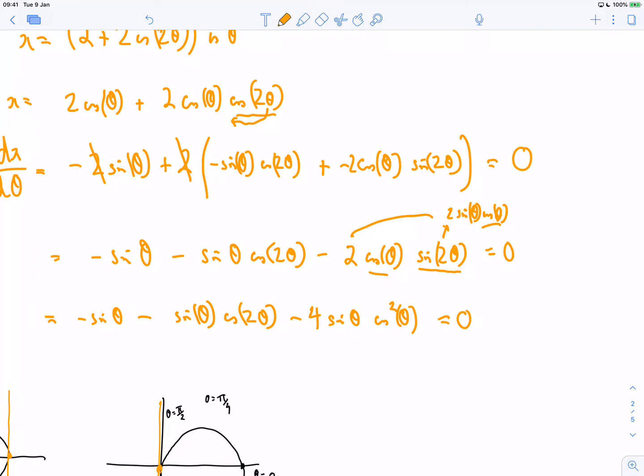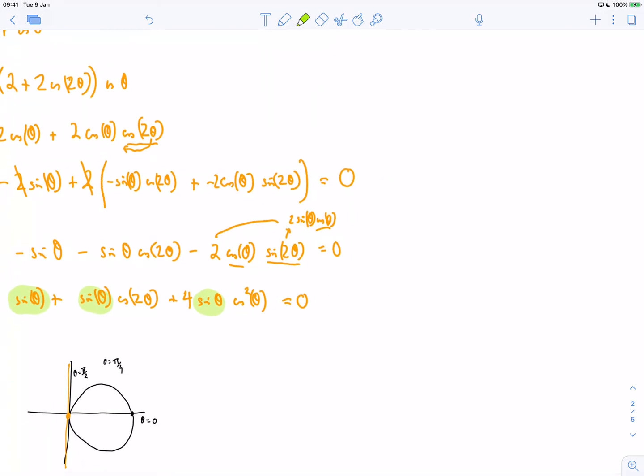Now, you can times everything by minus 1, so essentially that disappears, that becomes a plus, that becomes a plus, that's fine. And then notice that every single factor now has got sine theta involved, so we can factorize. We can say that sine theta, and then we've got 1 plus cosine 2 theta, and then we've got plus 4 cosine squared theta, like so.